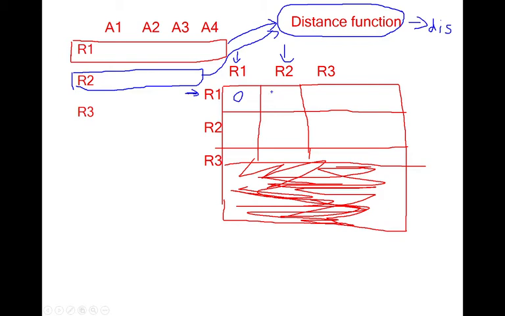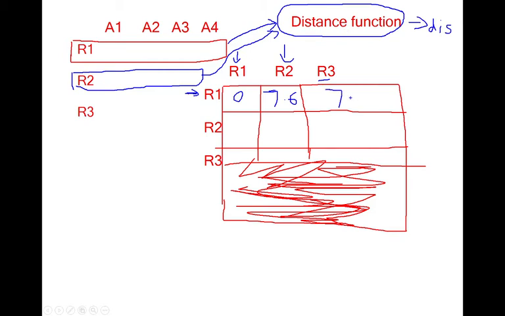For example, say 7.6. Again, moving on to the next cell of this dissimilarity matrix, we will give it record number 1 and record number 3, and it will give us the distance between them.